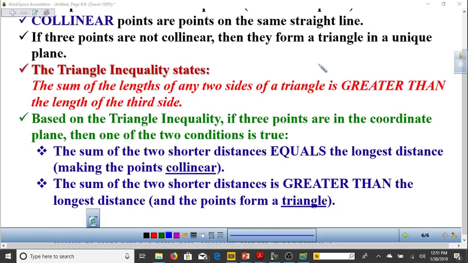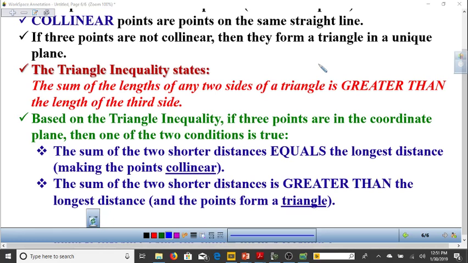Now, based on the triangle inequality, if 3 points are in the coordinate plane, then one of two conditions is true. Remember, they either form a straight line or they form a triangle. If you find the lengths of the distances between each pair of the 3 points, then if you add the two shorter distances and it gives you the longest distance, then those points have to be collinear.